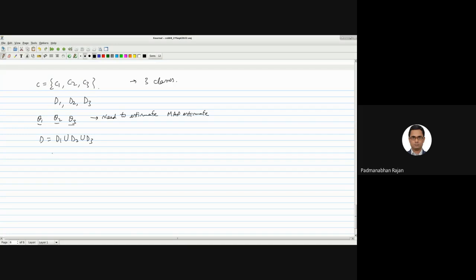And for this you estimate the ML estimates of theta for this big data set.